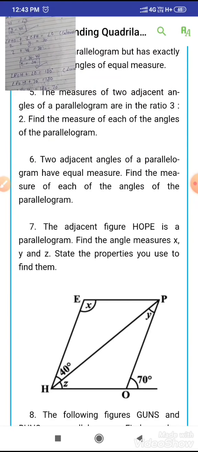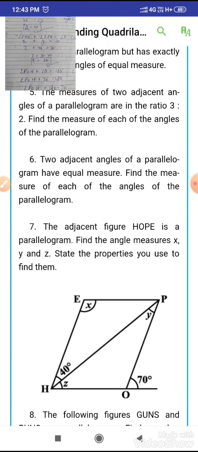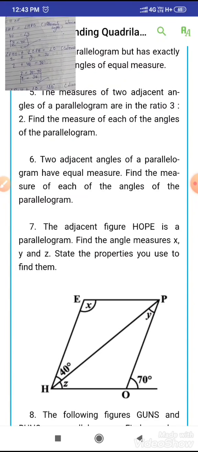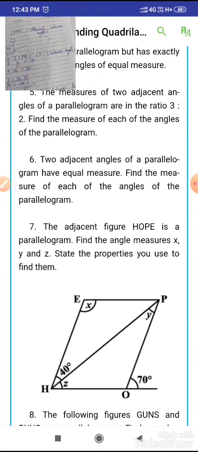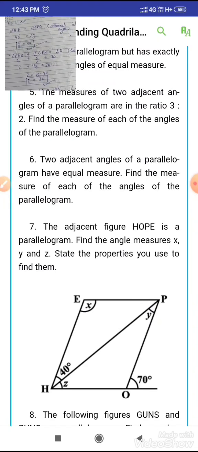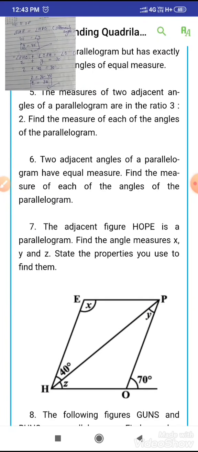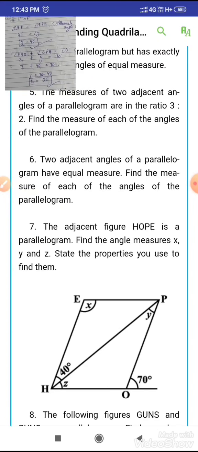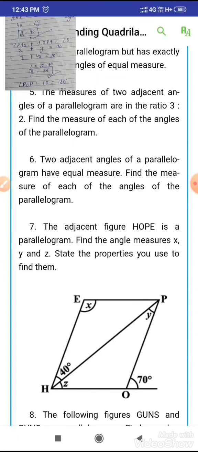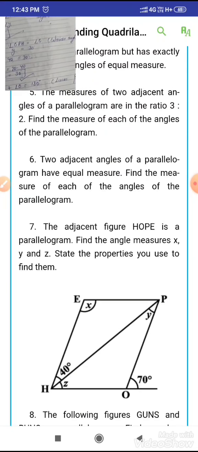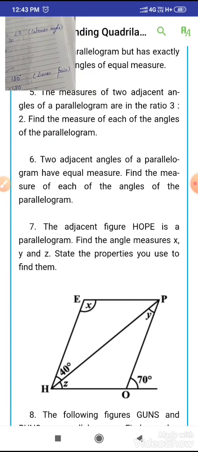For finding the value of z, we use the exterior angle of a triangle property here. So angle PHO plus angle OPH is equal to angle O, since in any triangle the exterior angle is equal to the sum of its opposite interior angles. In the next line we write the value of PHO, and it is z, value of OPH is y, and value of angle O is 70 degree.